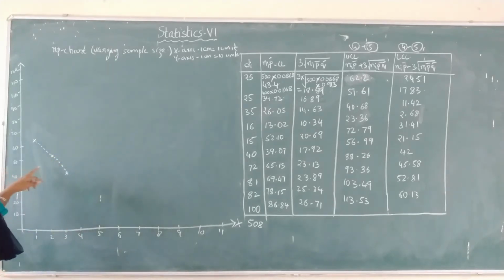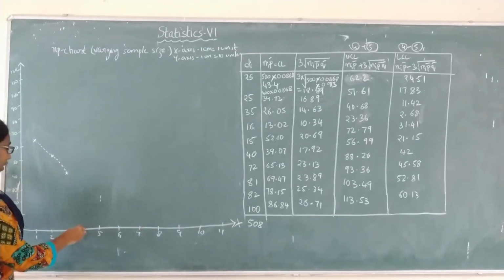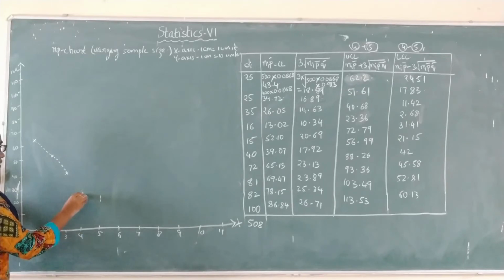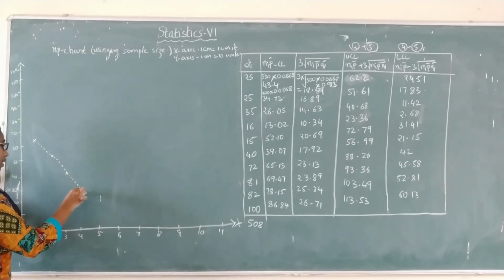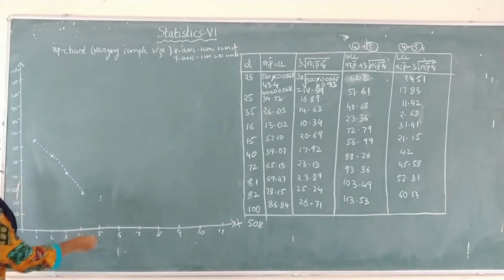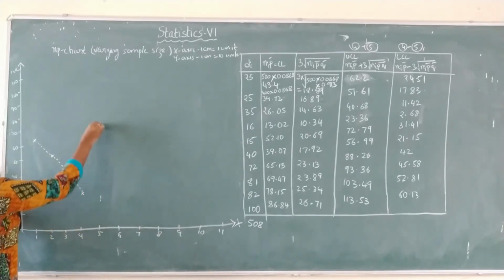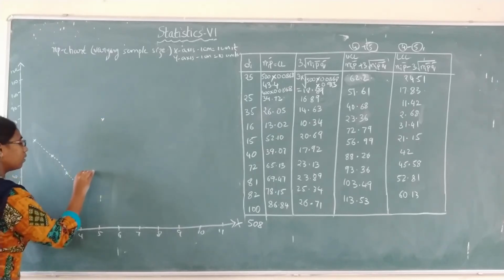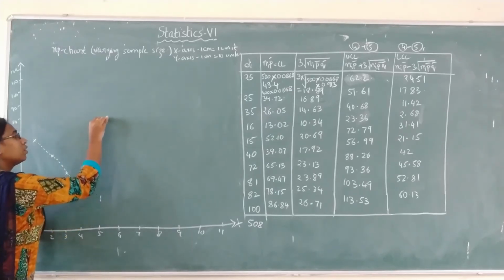Join it with a dotted line, and the next is 23.36. Next, the fifth value is 72.79. Join it with a dotted line.